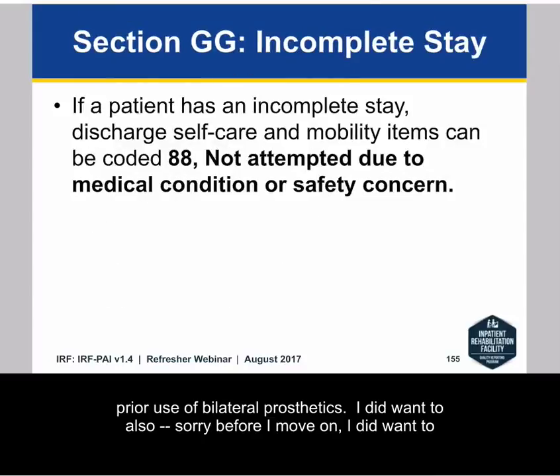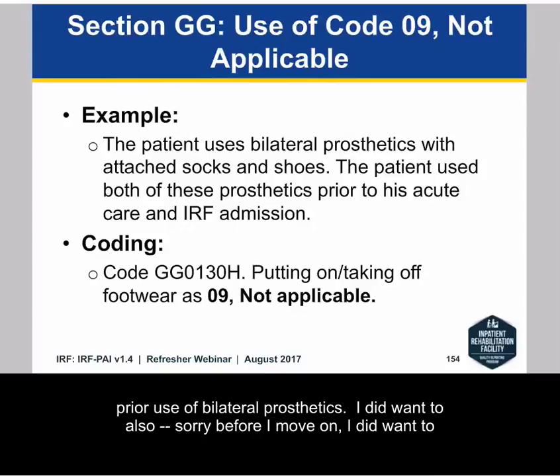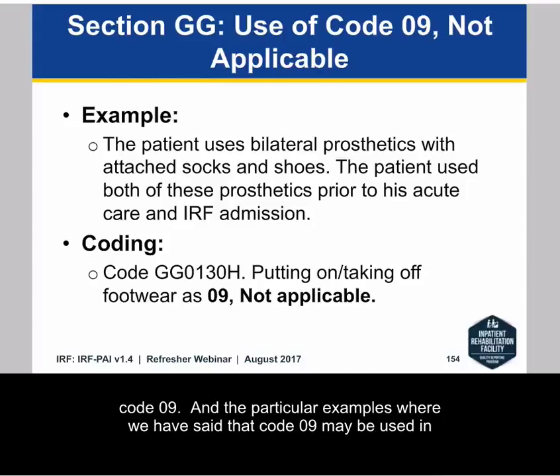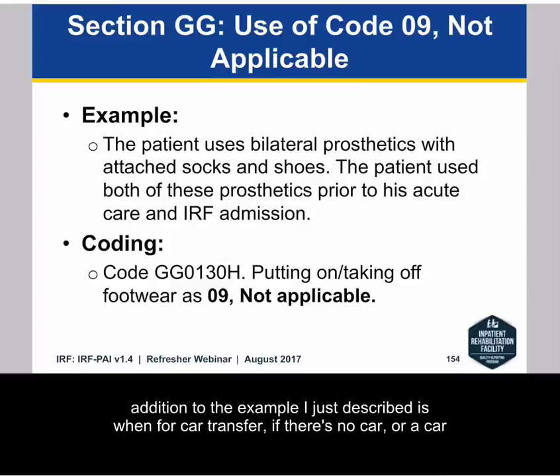Before I move on, I also want to mention that we have had some questions come in through the help desk related to code 9, and particular examples where we have said that code 9 may be used, in addition to the example I just described.